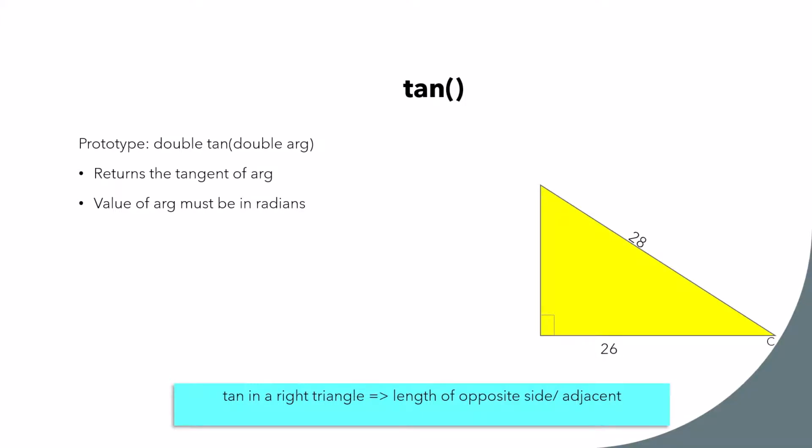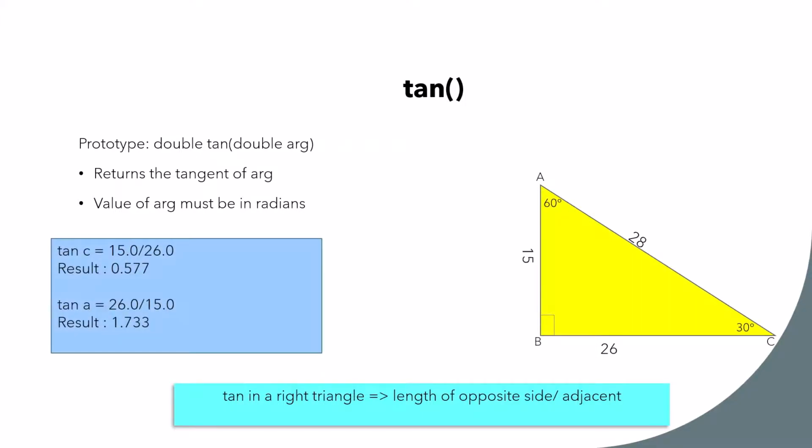And if you have a triangle like this, then calculating the tan of C would be opposite, which is 15, divided by adjacent, which is 26. You would get 0.577. And tan of A, which is the angle with 60 degrees, you would look at the opposite side, which is 26, and divide that by the adjacent, which is 15, and you would get the result.